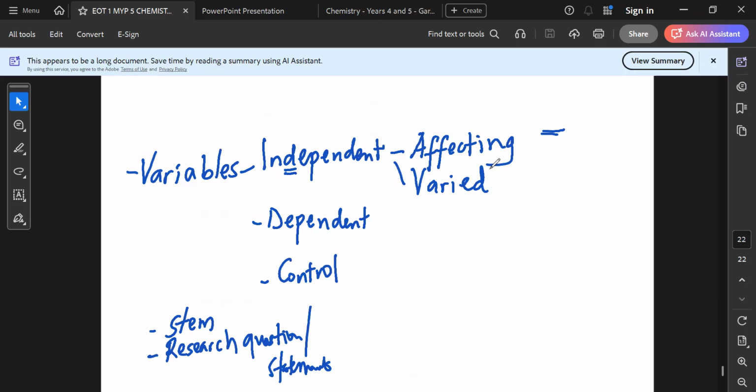Then, what you measure at the end of the experiment, your outcome, is the dependent variable. The word is measured. It must be measured. For example, I said, investigating the effect of temperature on rate of diffusion.